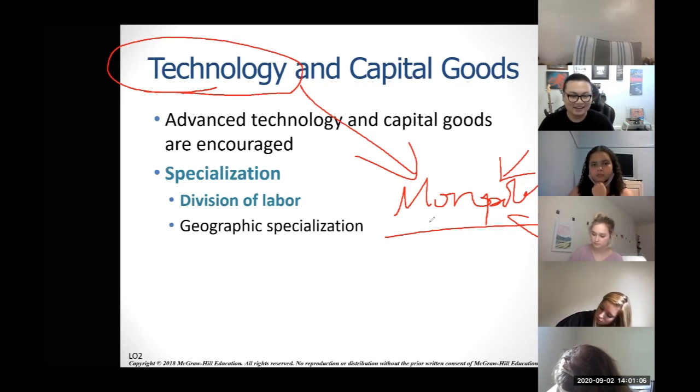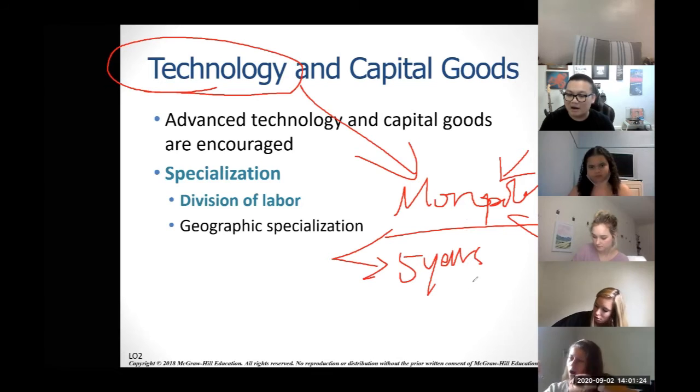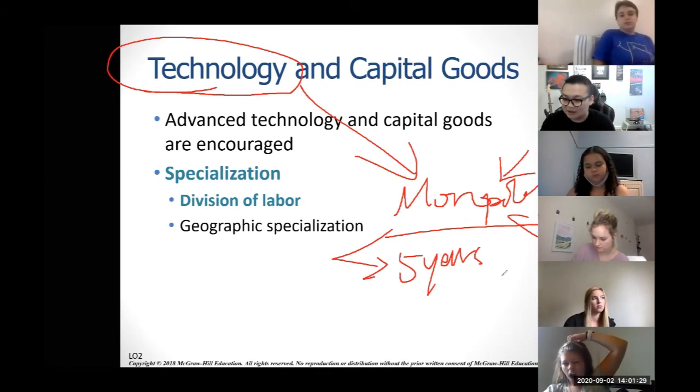Anyone? About monopoly, let me give you some examples about monopoly and technology. For example, 5 years ago, if we talk about electric cars, there was only one company that sold electric cars.